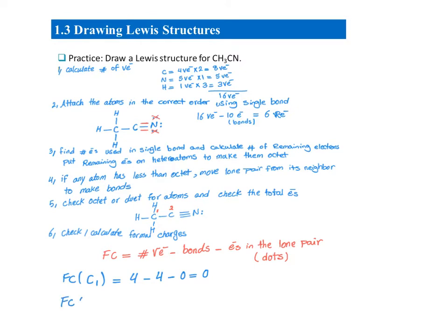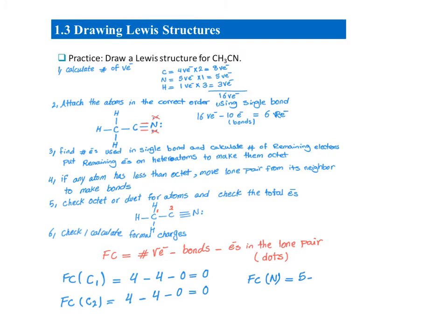The formal charge for carbon 2, again carbon is in group 4. It has 4 bonds attached to it, 1, 2, 3, 4, and 0 electrons. So that one is also 0. And the formal charge for nitrogen, nitrogen is in group 5.